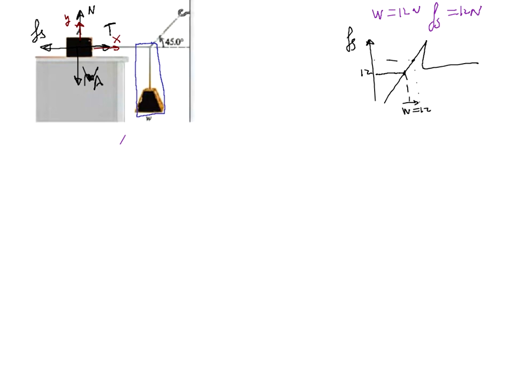Now we know that this angle is 45, right? So they're asking us, how much more weight can we put so that the system remains at equilibrium? So we want to increase the value of W all the way up to where we're about to move, right before. In other words, they're trying to give us a hint.